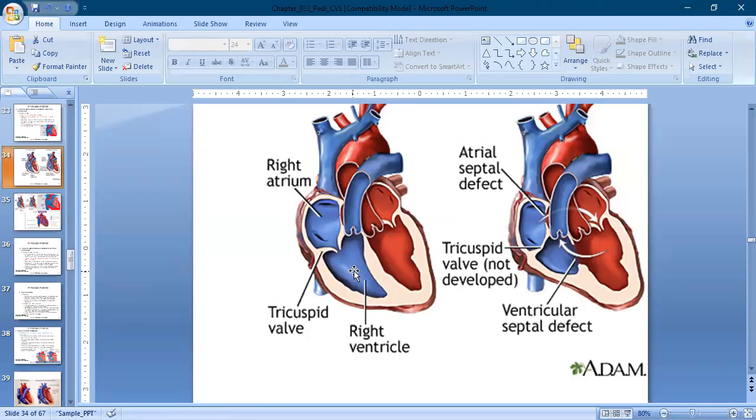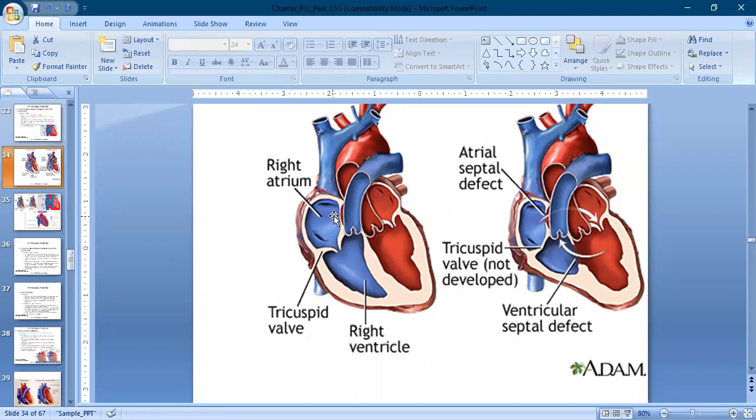Blood is supposed to go from the right atrium to the right ventricle through a valve called the tricuspid valve. If this valve does not open or is closed, this is called a tricuspid valve defect, a developmental anomaly.